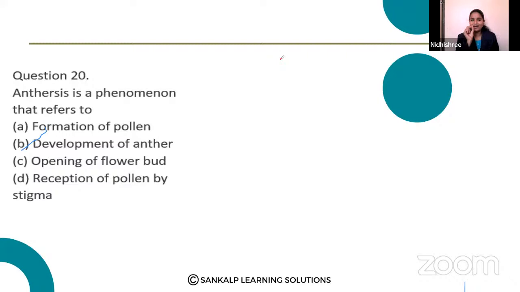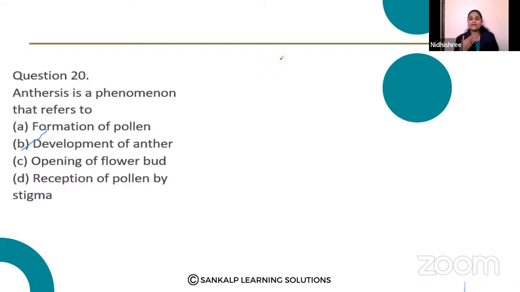See here, by seeing the term, most of you answered option D, development of anther. No, it is wrong. Opening of the flower bud is called anthesis. I told you, the spelling got wrong there.